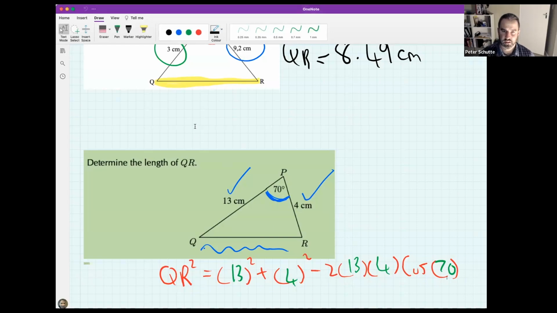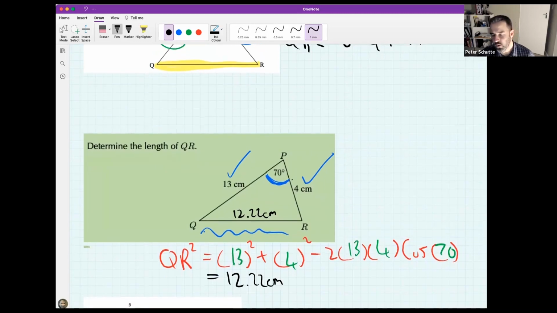So what I see is an answer of 12.22 centimeters, which is that length over there. Okay.